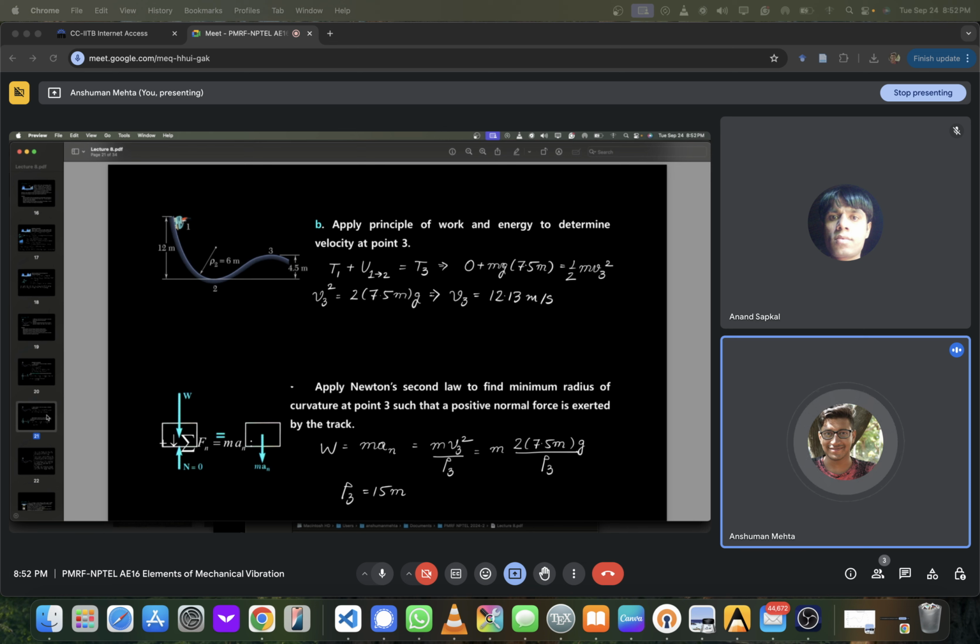So this gives us the value of rho 3, which is equal to 15 meter.